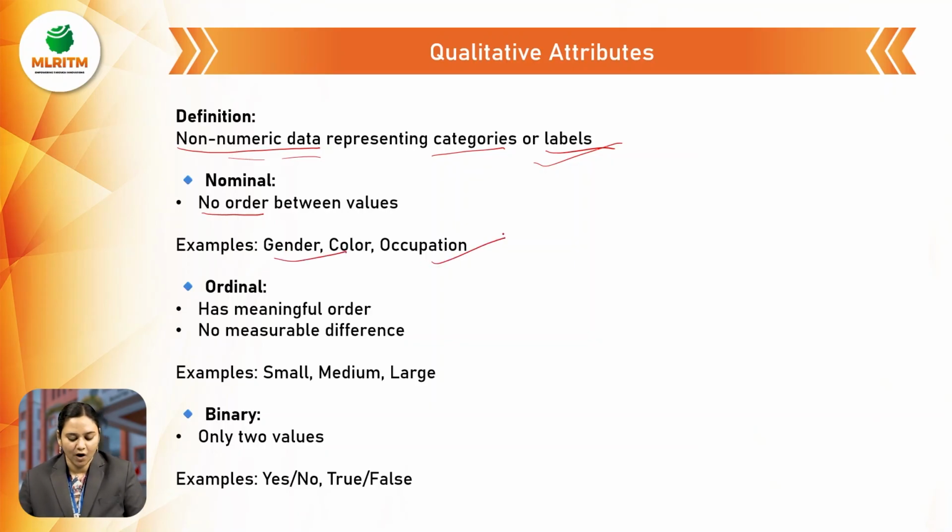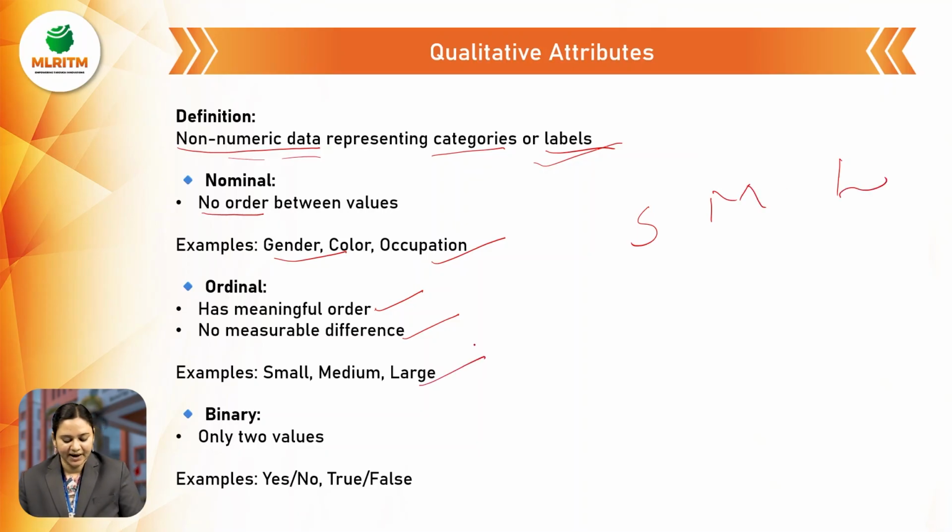The next one is ordinal, which has a meaningful order. In nominal there is no order, but ordinal has a meaningful order but no measurable difference. Examples, like small, medium, and large. This is the order.